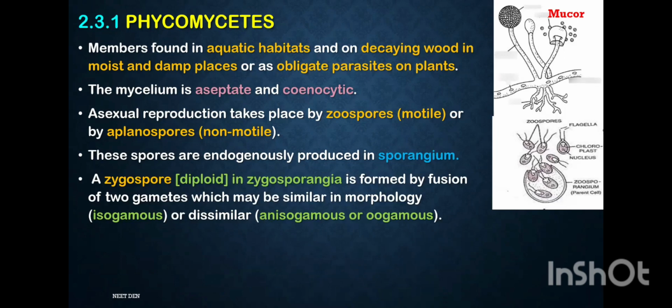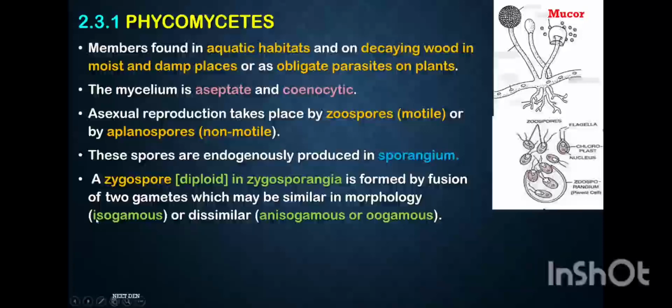But sexual reproduction happens with the help of zygospores, present in zygosporangia. This zygospore is a zygote, produced by fusion of two haploid gametes or hyphae, and hence the zygospores are diploid. These diploid zygospores will give rise to haploid spores and undergo the whole sexual reproduction process which we have just seen.